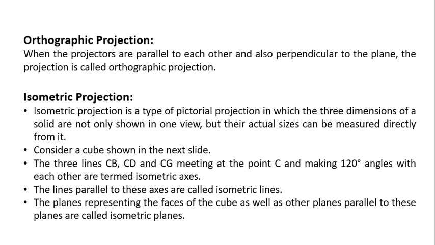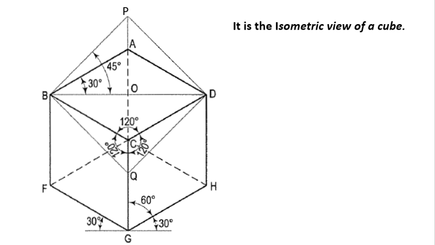The three lines CB, CD and CG meeting at the point C and making a 120-degree angle with each other are termed as isometric axes.